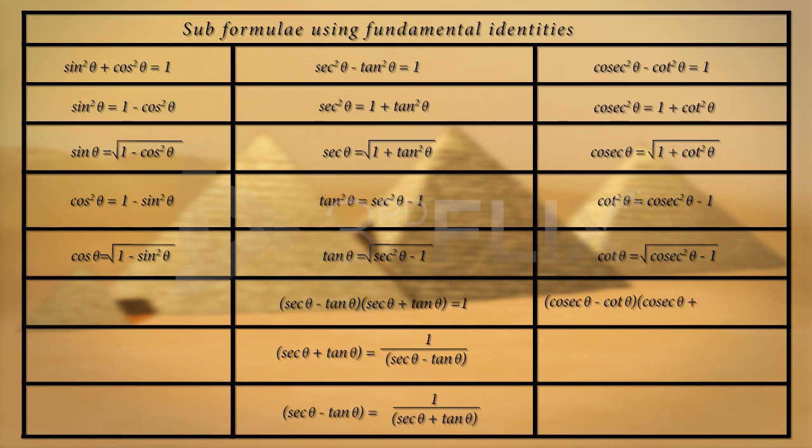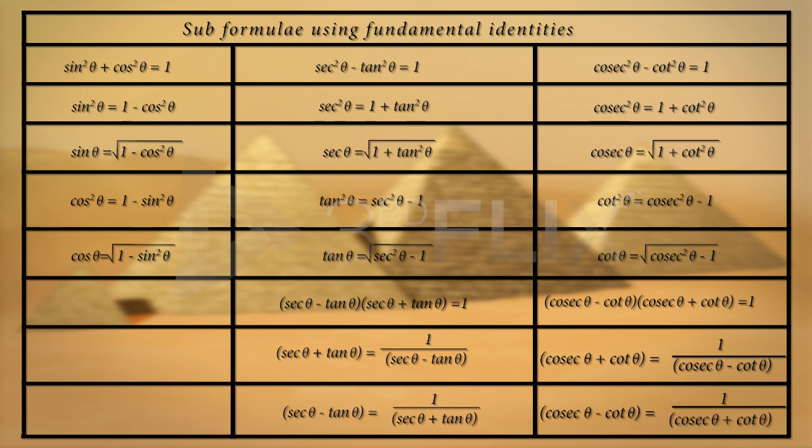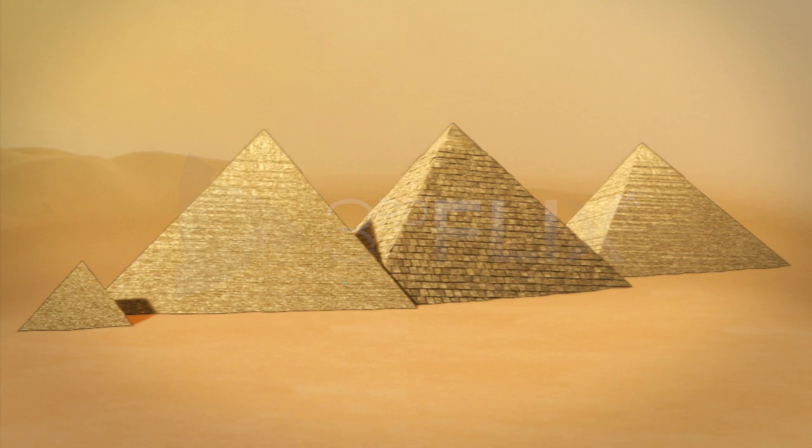Cosec theta plus cot theta multiplied by cosec theta minus cot theta equals 1. Cosec theta plus cot theta equals 1 by cosec theta minus cot theta. Cosec theta minus cot theta equals 1 by cosec theta plus cot theta.